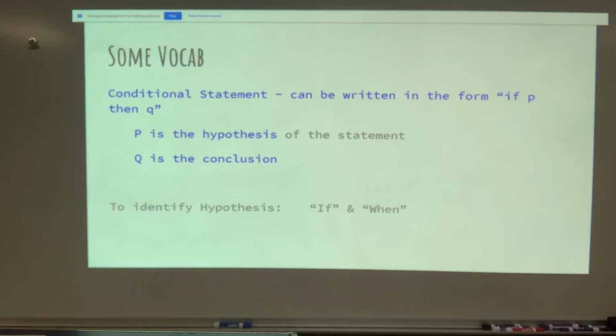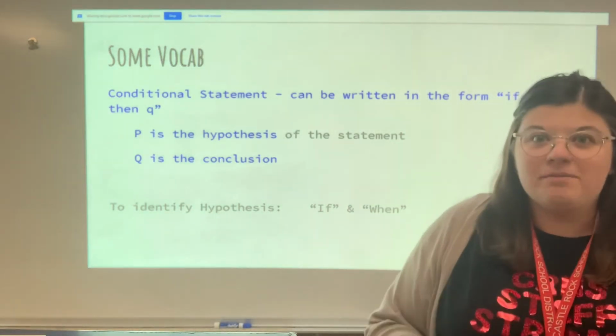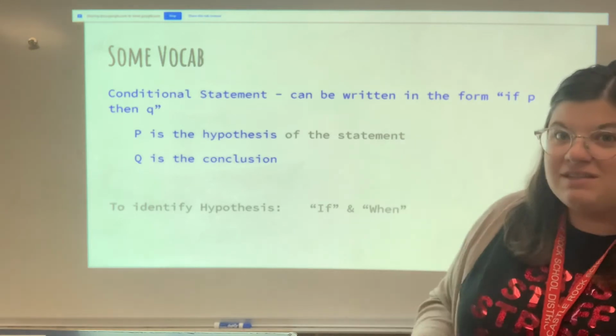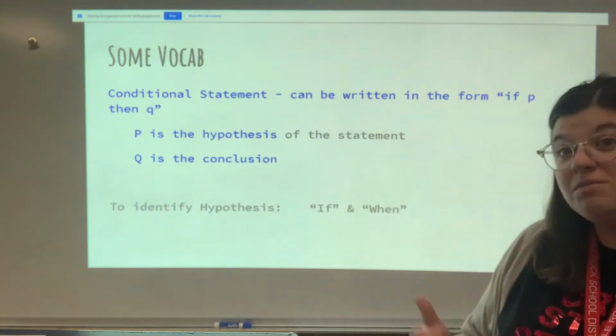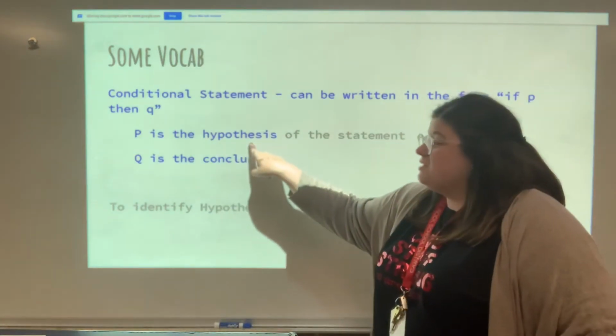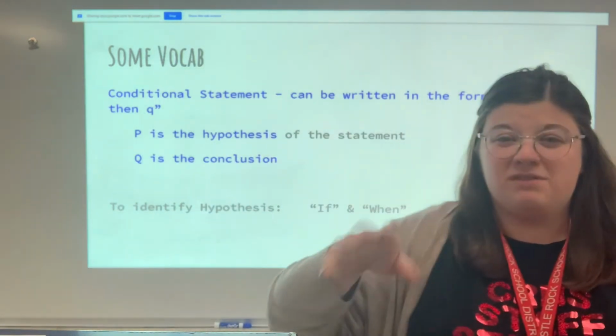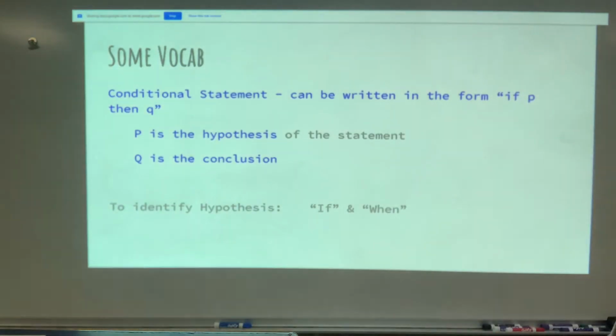What exactly do we mean when we say P and Q? We can write a sentence that says if something, then something, right? I mean, that's an if-then statement, but what does P and Q mean in terms of math here? P is the hypothesis, and Q is going to be the conclusion, all right? We're going to see some examples of this, so don't worry too much. P is your hypothesis, Q is the conclusion.